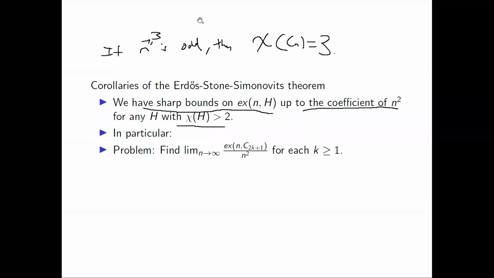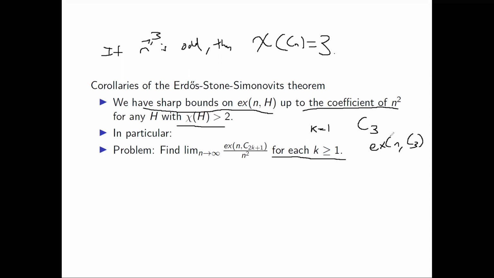So in particular, I'm leaving as a problem for you to think about: find the limit as n goes to infinity of the extremal function ex(n, C_{2k+1}) divided by n squared, and do this for each k greater than or equal to 1. So k equals 1, that's C3. And for C3, we saw that ex(n, C3) was approximately n squared over 4.